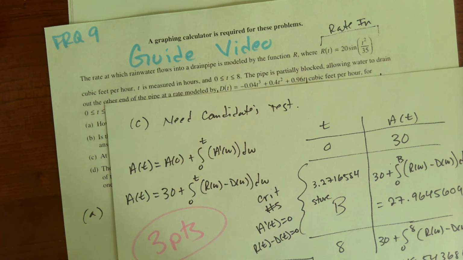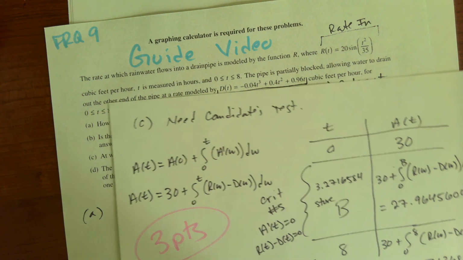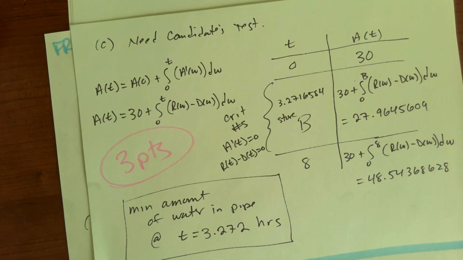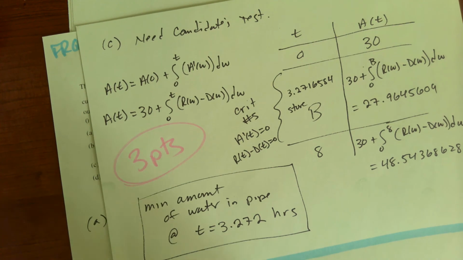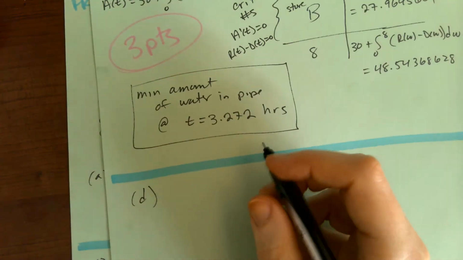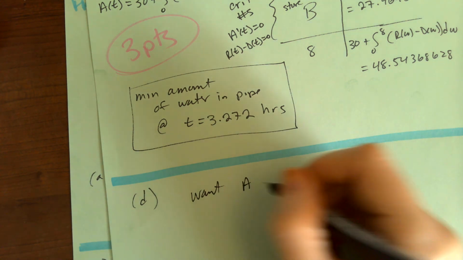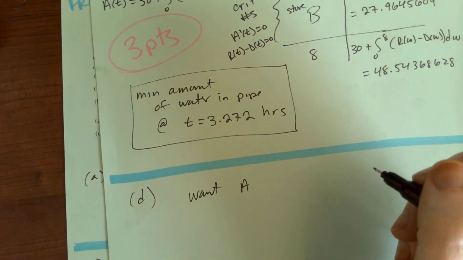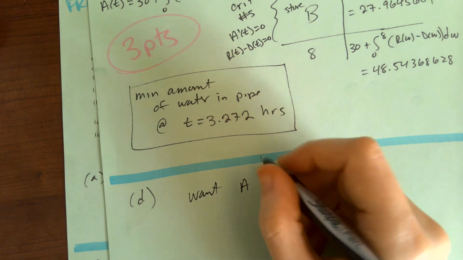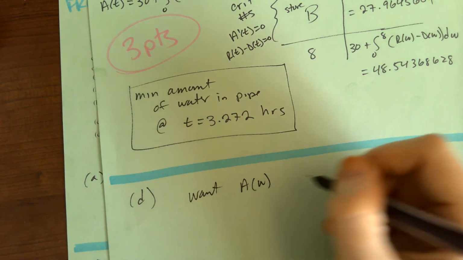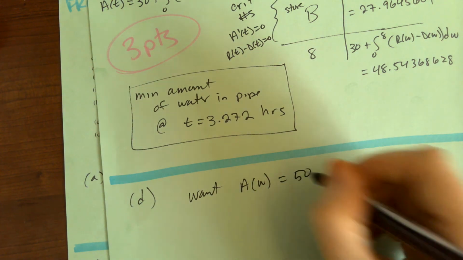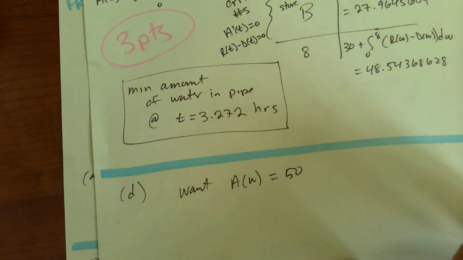Yeah. All right. So I want A of W, I guess, to equal 50. That's what I want.